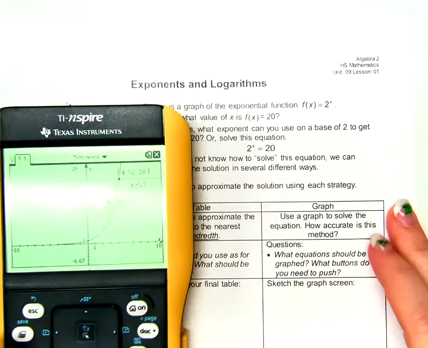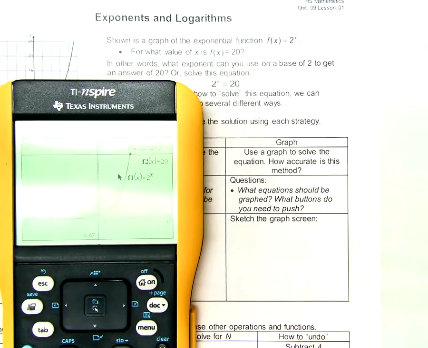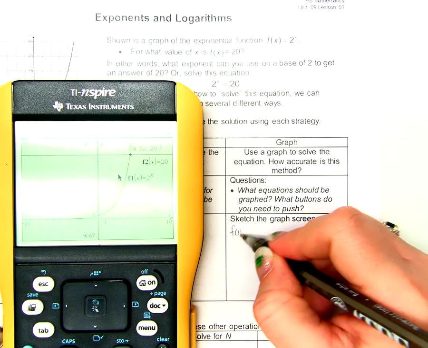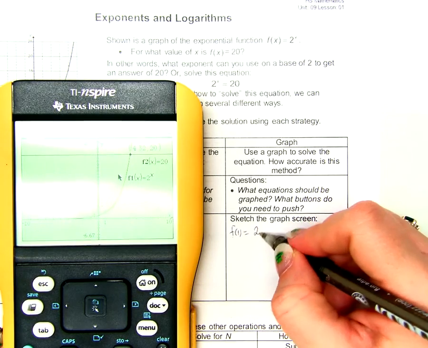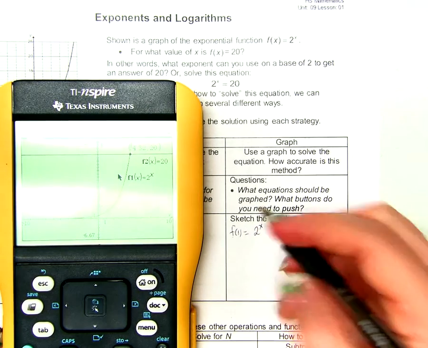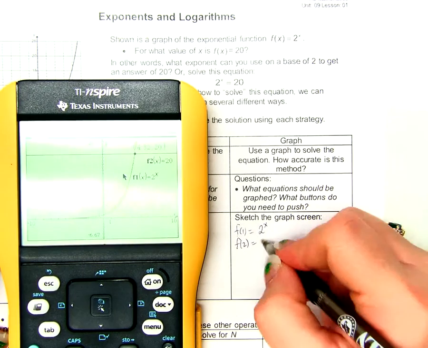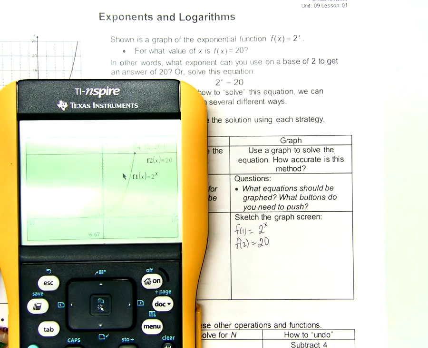So that really takes into account this category right here, right? Use a graph to solve the equation. What equation should be graphed? So in f of 1, we put in 2 to the x. In f of 2, we put in what? 20? And then what?